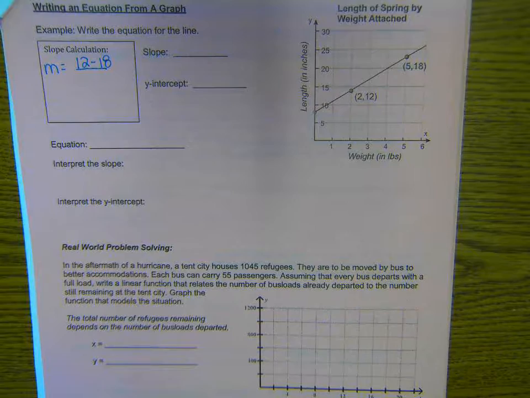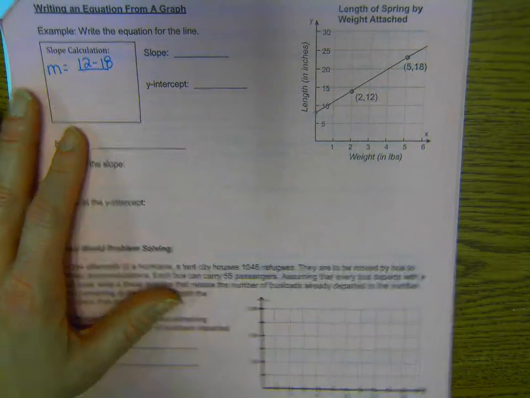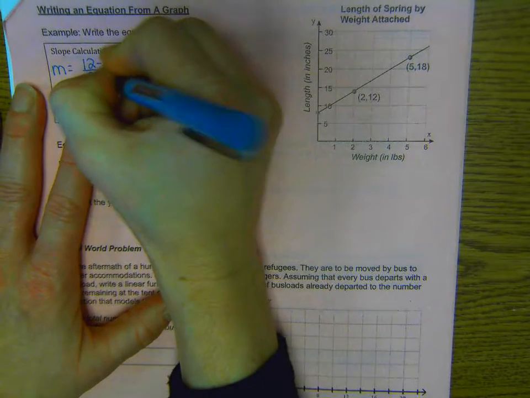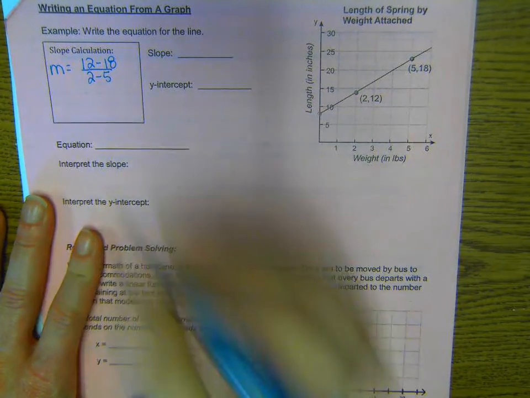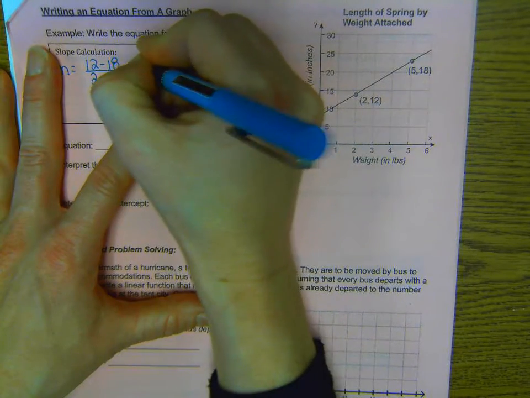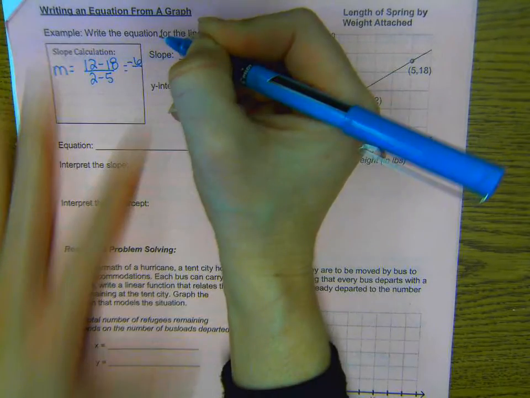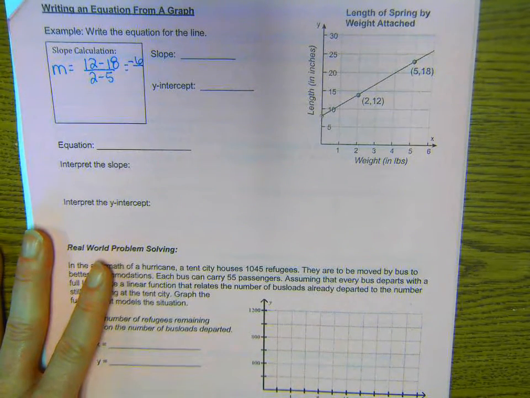But if I did 12 minus 18, what must I do on the bottom? 2 minus 5. Okay, what is 12 minus 18? Negative 6. And what's 2 minus 5? Negative 3.